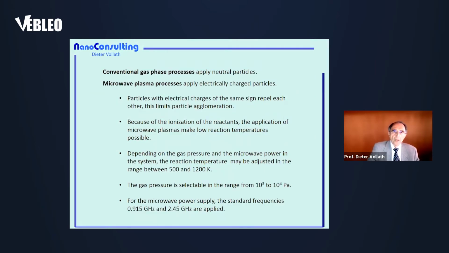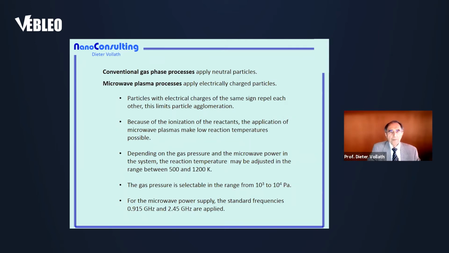Now, looking at conventional gas phase processes, it's obvious we are applying neutral particles. And as I said just before, in most cases, the chemical reactions will start around 1200 Kelvin or so.